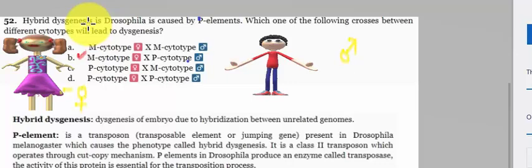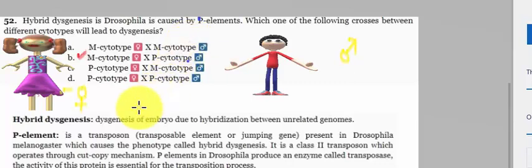The abnormality which occurs due to the P elements in Drosophila, that is hybrid dysgenesis. So hybrid dysgenesis is the dysgenesis or the abnormality of the embryo due to the hybridization between unrelated genomes.